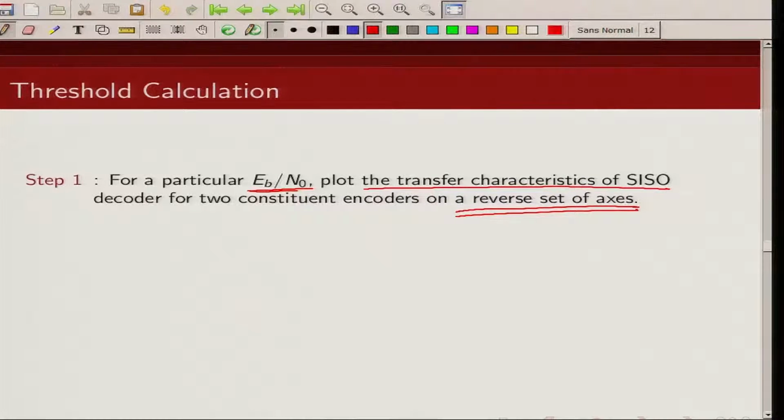Now, what do I mean by reverse set of axes? For the first decoder, my SNR in is on the x axis and SNR out is on the y axis. Now, for the second decoder, my SNR in is on the y axis and SNR out is on the x axis. Now, why do I do this? Because the extrinsic information of the first decoder is input to the second decoder.